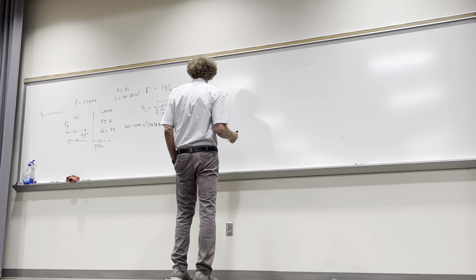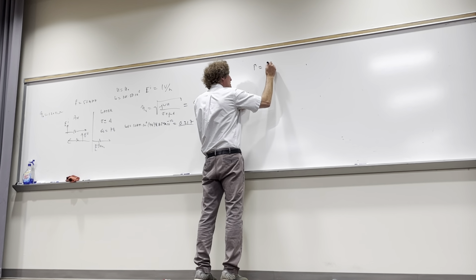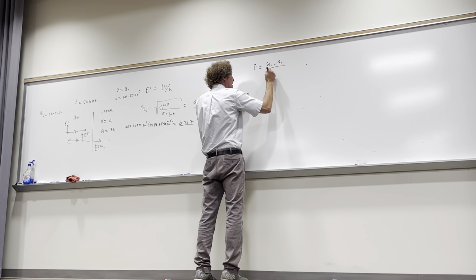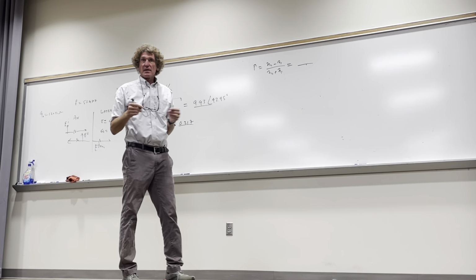So now if I have that, the next thing I need is the reflection coefficient. So that's going to be eta 2 minus eta 1 over eta 2 plus eta 1. Give that to me in terms of a magnitude and an angle too.